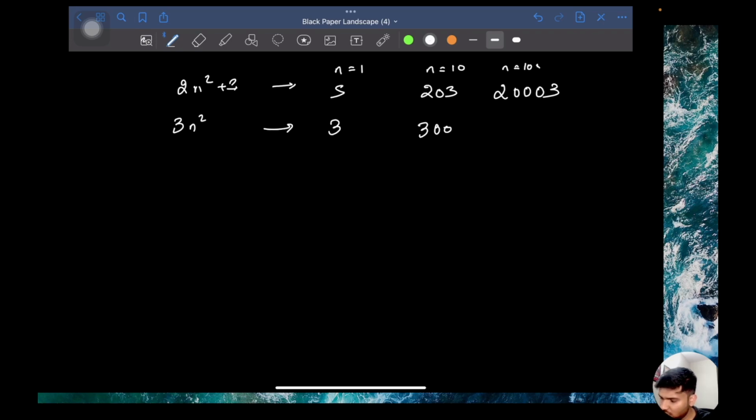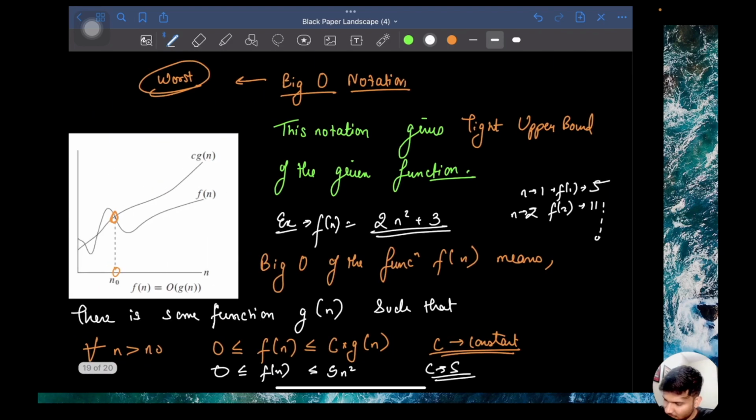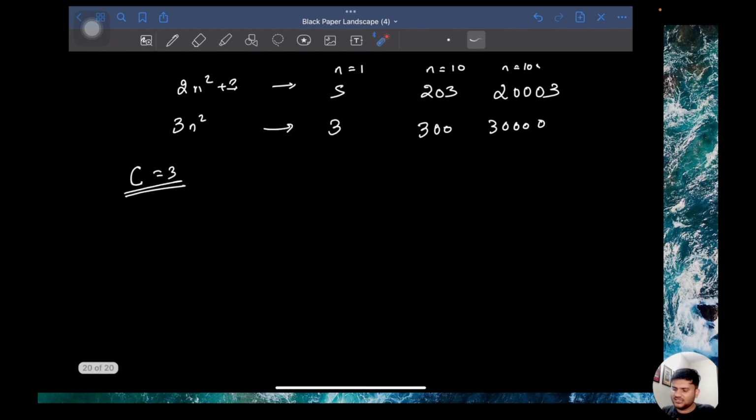And n equal to 1000 will be 30,000, right? So can I say, if I put the value of c equal to 3, then we know that f of n can never perform beyond 3n square. 3n square can be said to be the tightest upper limit.